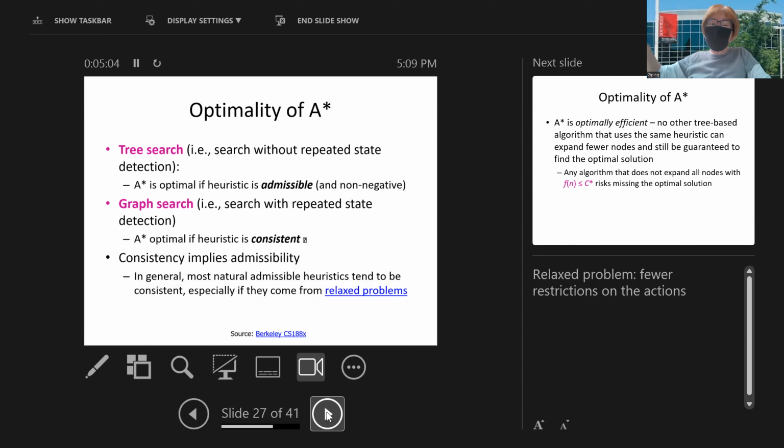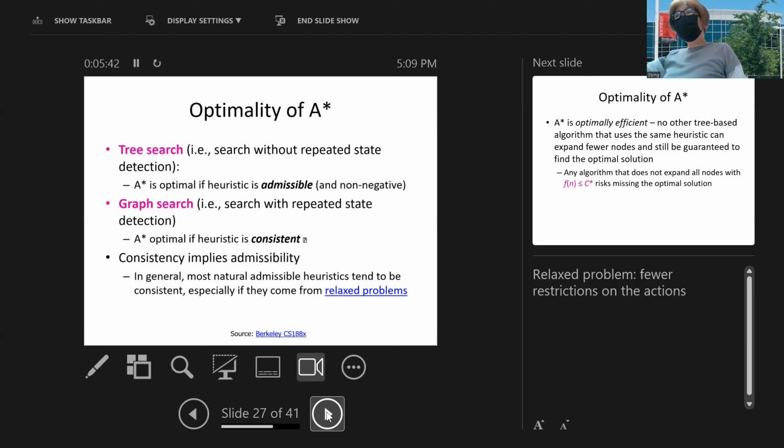You remember that with graph search, we cannot avoid cycles. So if you just say the heuristic is admissible, A star is optimal, we proved that's not 100% correct. In this case, the heuristic must be consistent, or we call it monotonic. What is consistent?